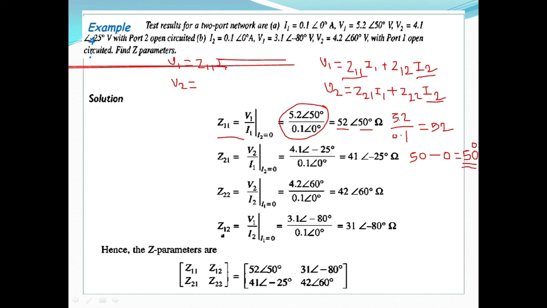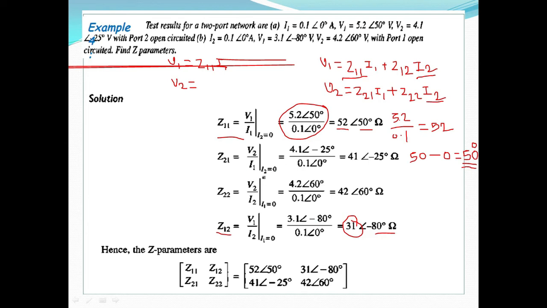Then Z12 is equal to V1 upon I2. For port 2, V1 is equal to 3.1 at an angle of 80 degree, and I2 is equal to 0.1 at an angle of 0 degree, which gives 31 at an angle of 80 degree.